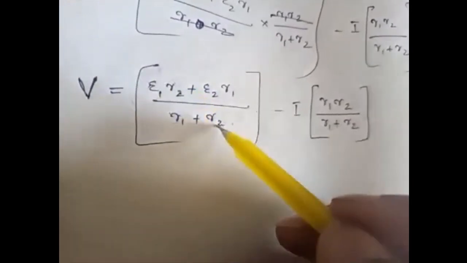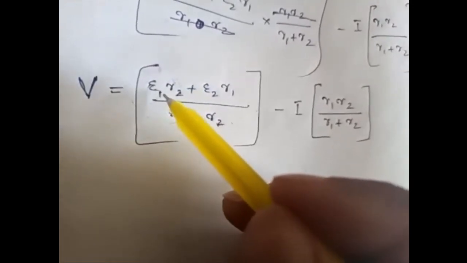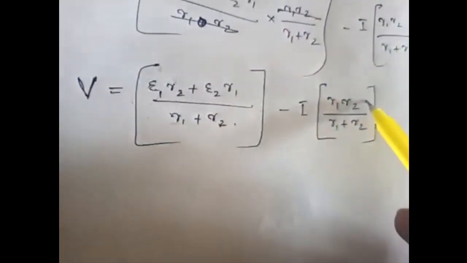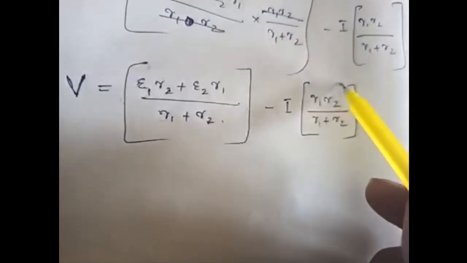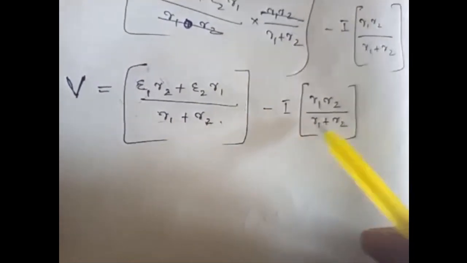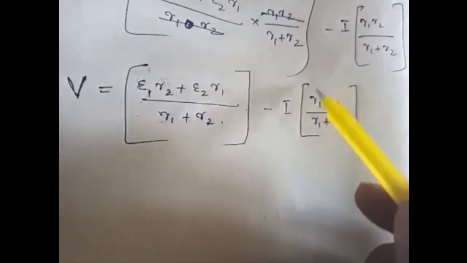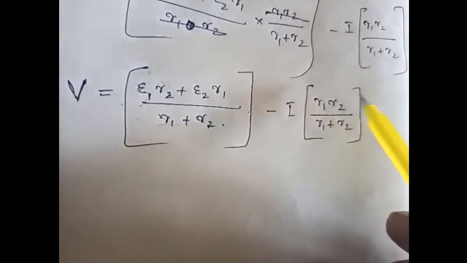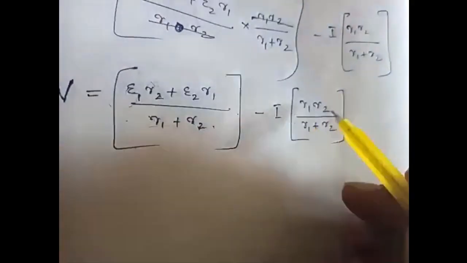So these two resistance terms will be cancelled, and it is again an EMF term. And I into this is a resistance part. R1 into R2, so resistance square divided by R1 plus R2, that is a resistance term. So again, it will be a resistance. That is the effective resistance of the internal resistances which are connected in parallel. So that will be the I into R term.